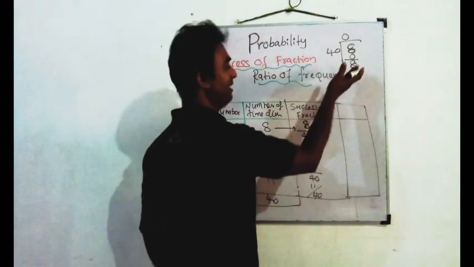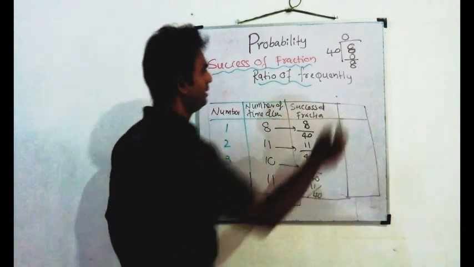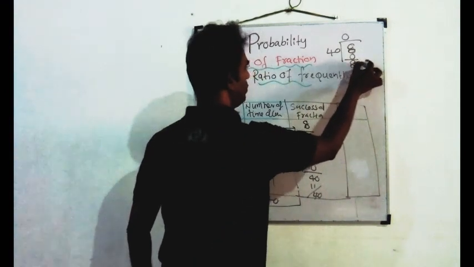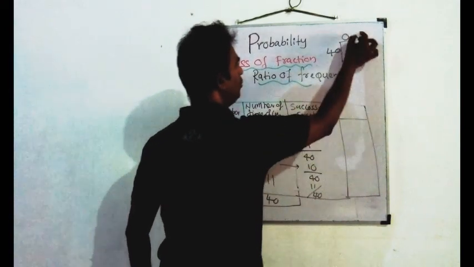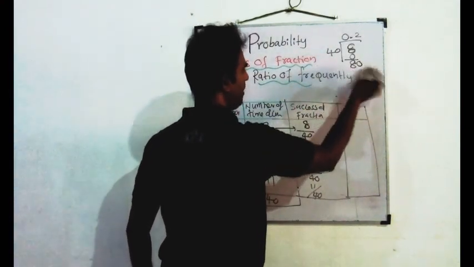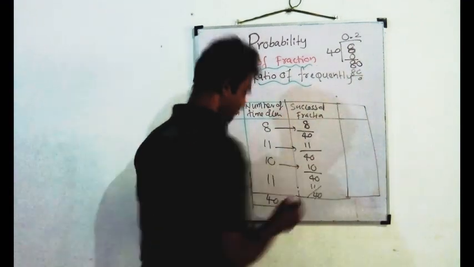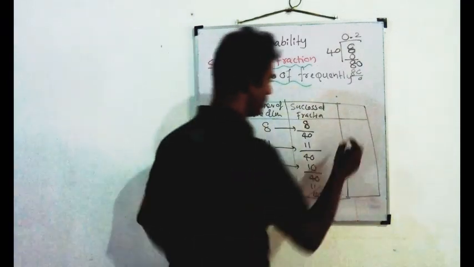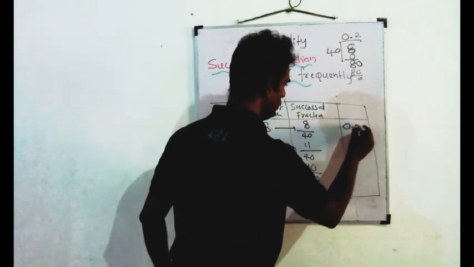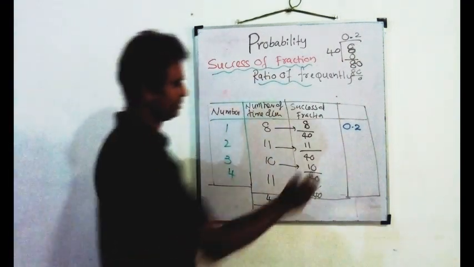Simply I will divide for your convenience. Next, take the 0 and put the decimal point. 80 divided by 40 is 2. As a decimal, we can express it as 0.2.